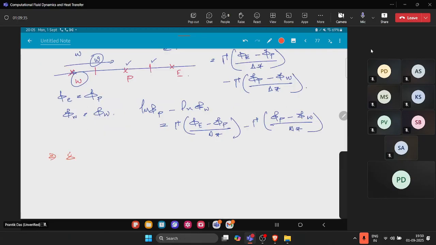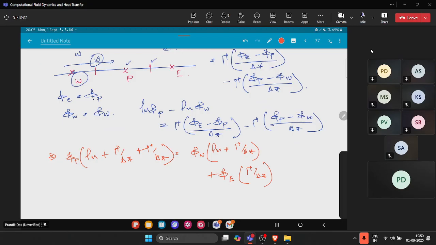And then if I see the coefficients of phi P itself, it is rho e plus gamma by delta x. If I go to phi W also, it becomes rho e plus gamma by delta x. And the coefficient of phi E is gamma by delta x.